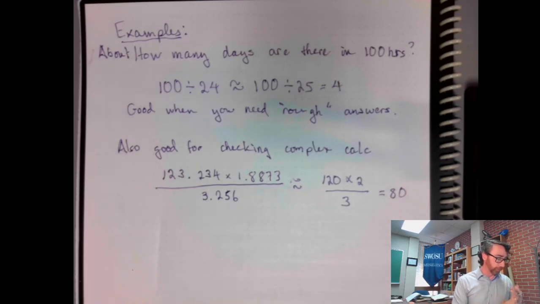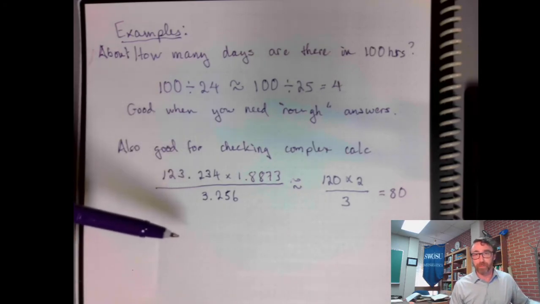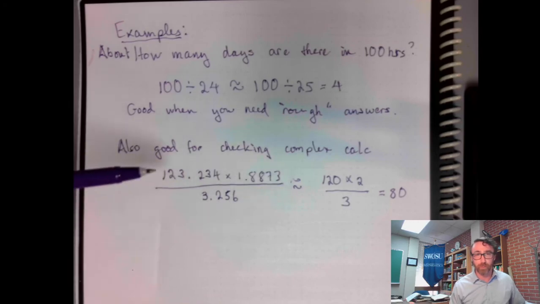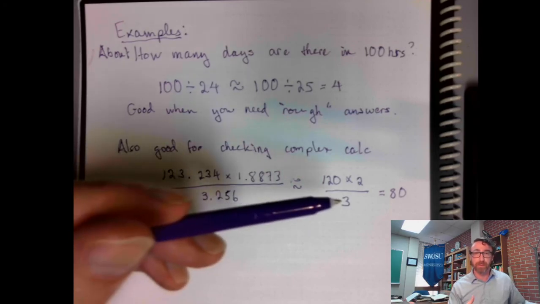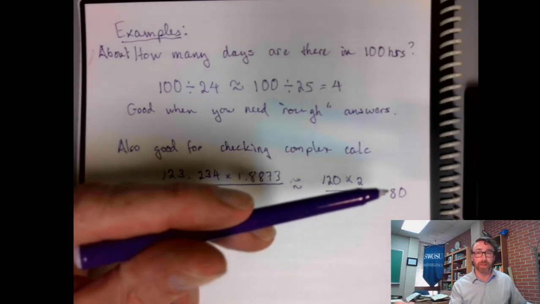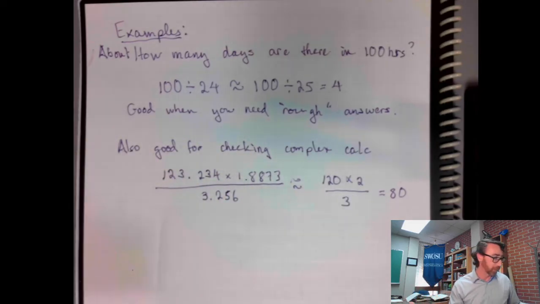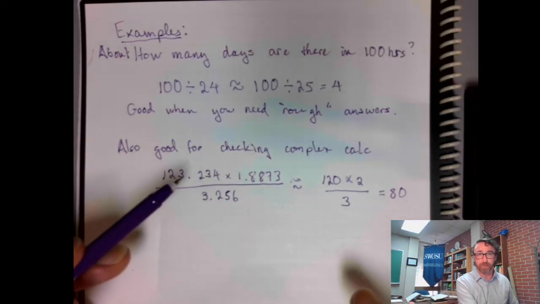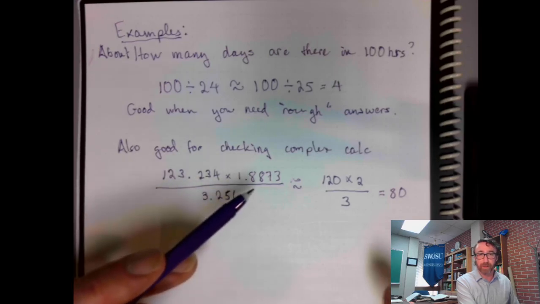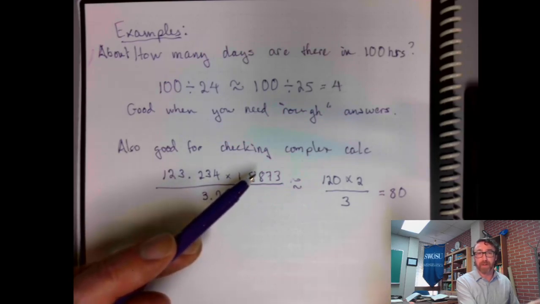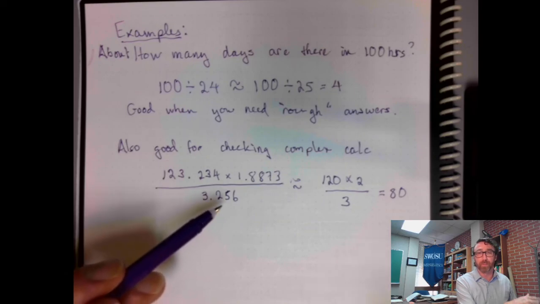Okay, so good estimation is going to involve rounding your inputs to numbers that are nice to do the computations with. It's not going to be any advantage if you replace this by 123 times 1.9 times 3.3.